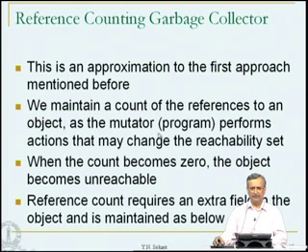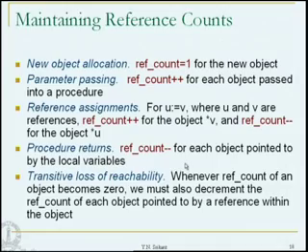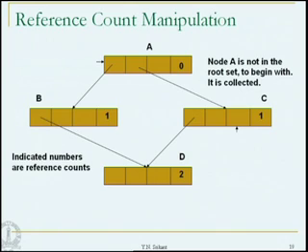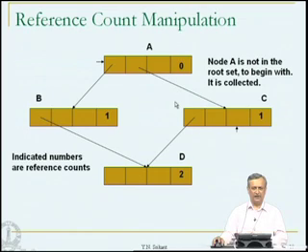As the program, or the mutator, performs actions that may change the reachability set, this count also is going to be changed. When the count becomes 0, the object becomes unreachable, and reference count requires an extra field in the object and is maintained as below. Let me show you a picture to understand reference count manipulation, and then we go back to discussion.